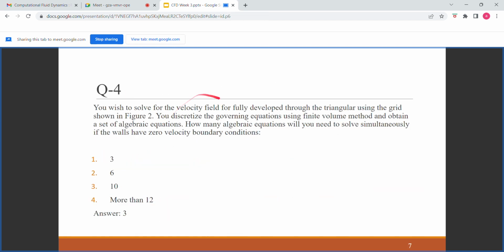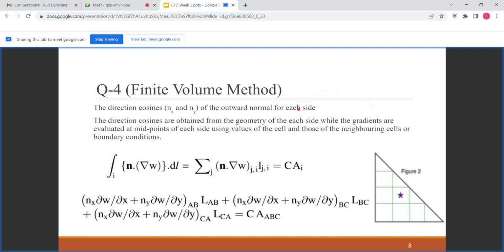So they have given that we discretize the equations using the finite volume method. Basically, in the finite volume method, we have seen how the method is carried out. It is like nx into dou w by dou x plus ny into dou w by dou y on all these sides.